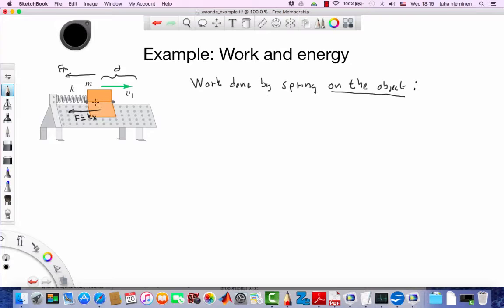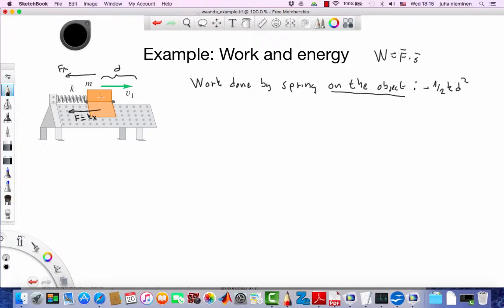It has to be negative because the force that is exerting on the mass or the slider is in opposite direction of that of the motion. So because the work was F dot S, if these are in opposite direction, it has to be negative. And the magnitude is, in this case, half times k d squared.